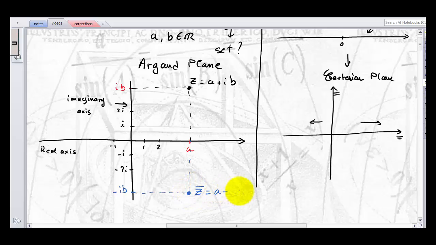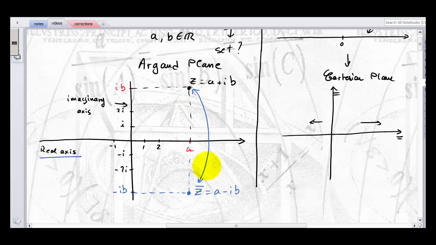Sorry, I meant a minus ib, not z minus ib. Therefore, a complex number and its conjugate are symmetrical with respect to the real axis. That's a first interesting geometrical aspect of a complex number.